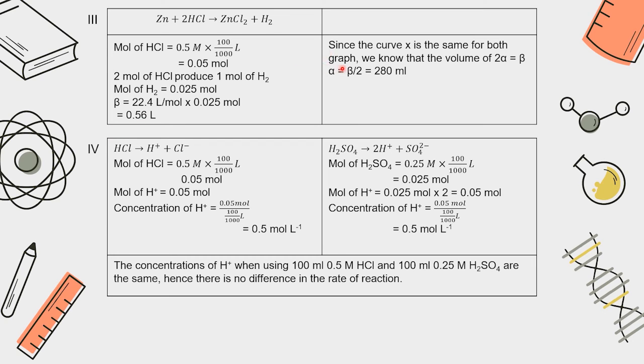And since the curve X is the same for both graphs, beta is equal to 2 alpha. And since we already know beta, we can find alpha, which is 0.28 liters, converted into milliliters is 280 milliliters.